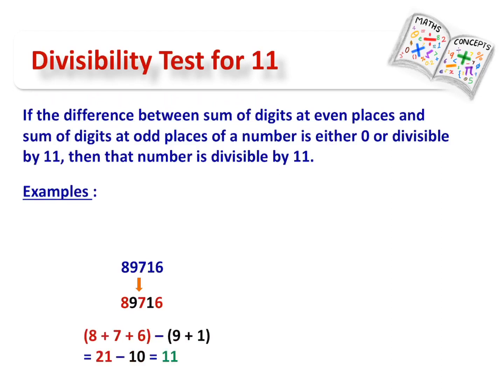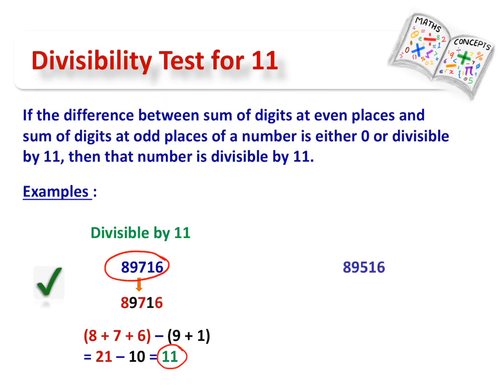The addition of digits at odd places is 8 plus 7 plus 6, that is 21, and the sum of digits at even places is 9 plus 1, that is 10. So 21 minus 10 is 11, and since 11 is a multiple of 11, 11 ones are 11, right? So since this is completely divisible by 11, we say that the given number is also divisible by 11.